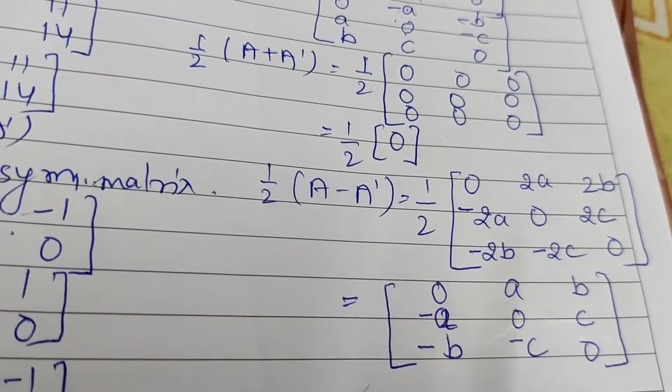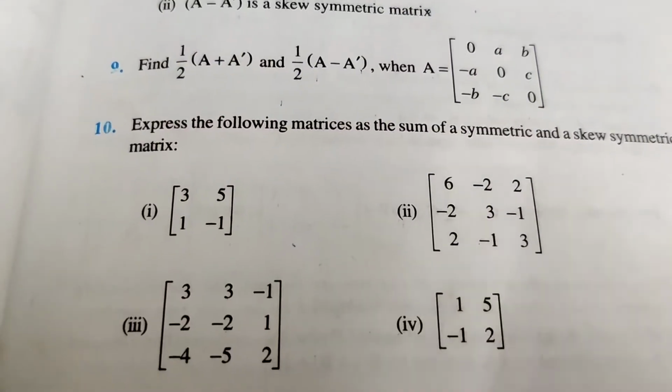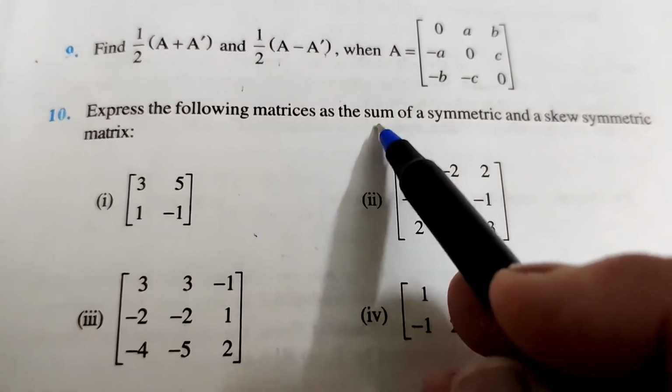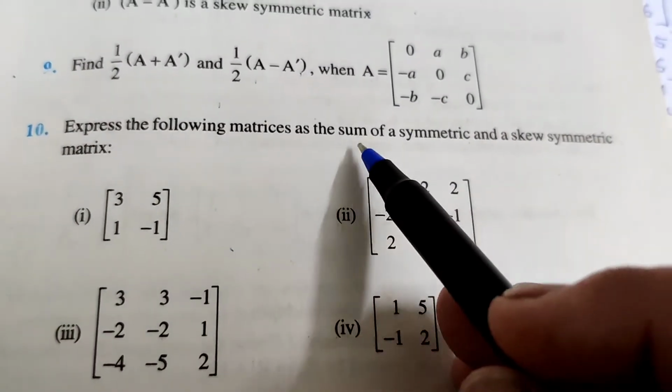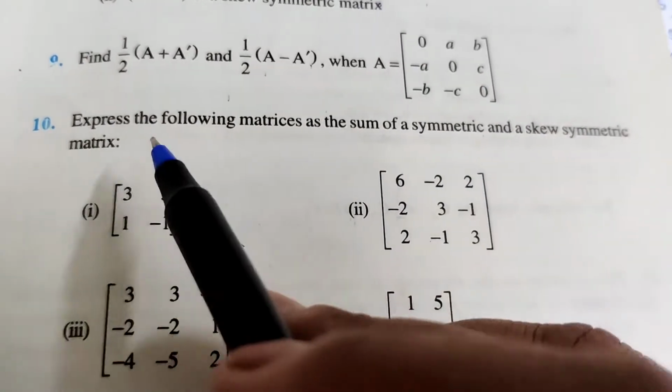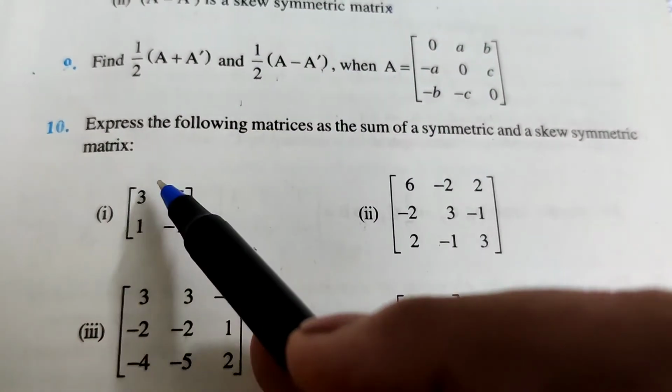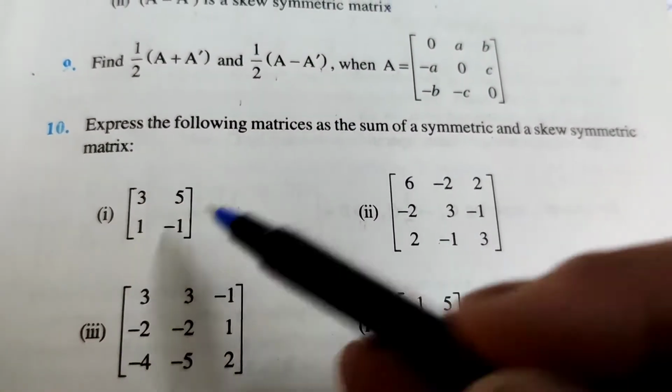Now question number 10. Express the following matrices as a sum of a symmetric and a skew symmetric matrix. Express each of the following: 3 1 5 minus 1.